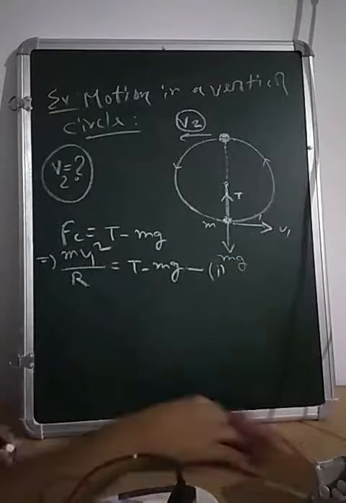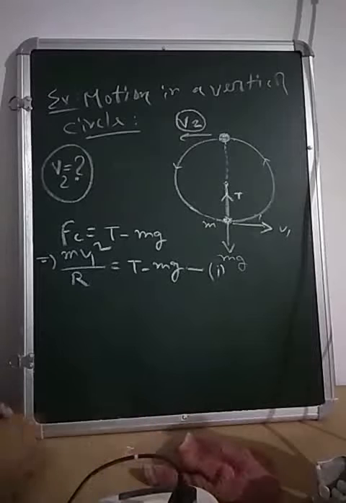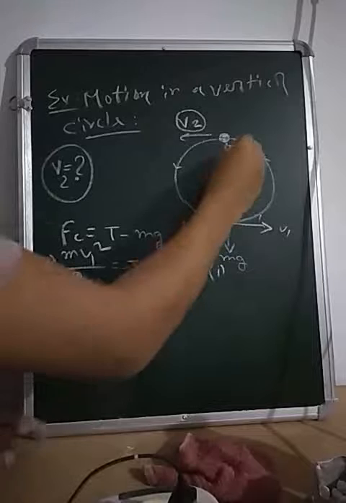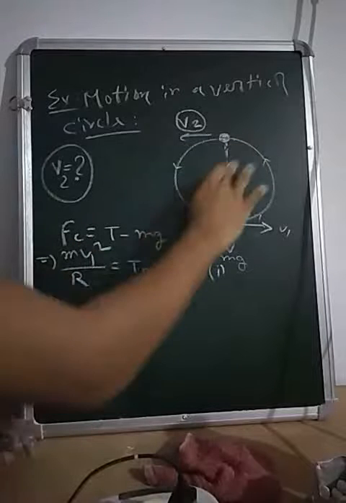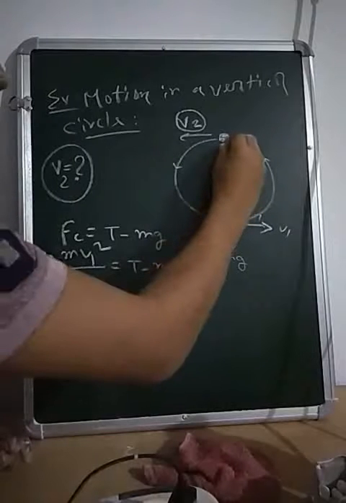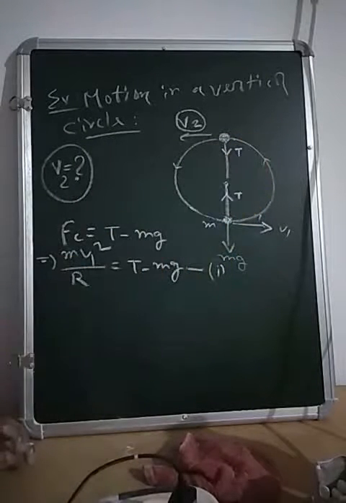Now you are asked to calculate the velocity v2. So see, at the highest position, what are the forces applied on this mass m? The first force is the tension force.